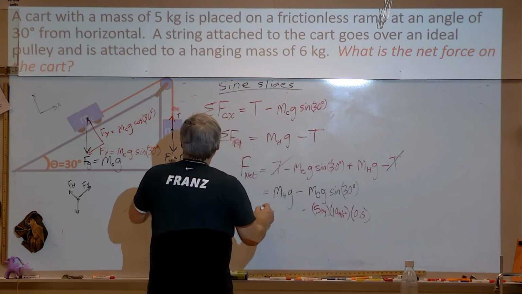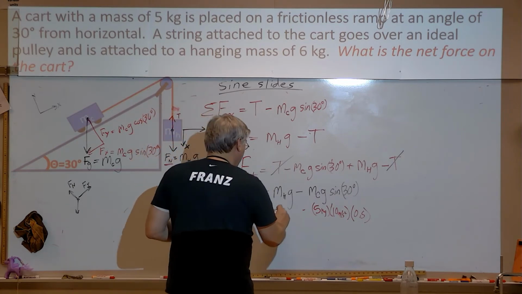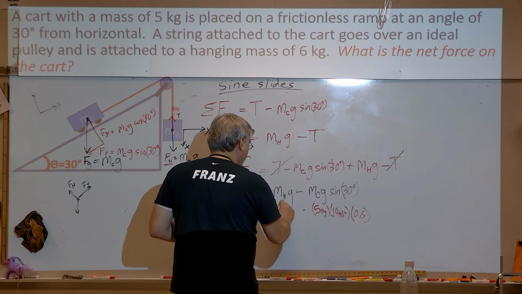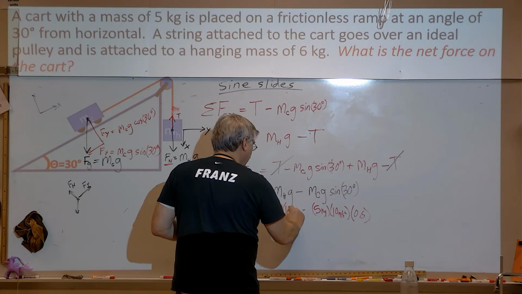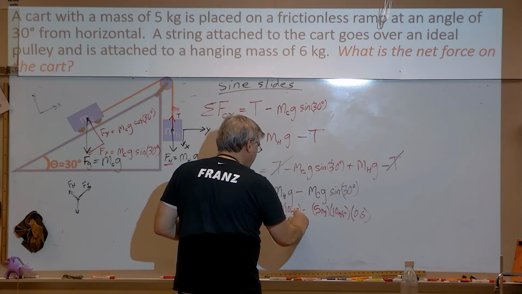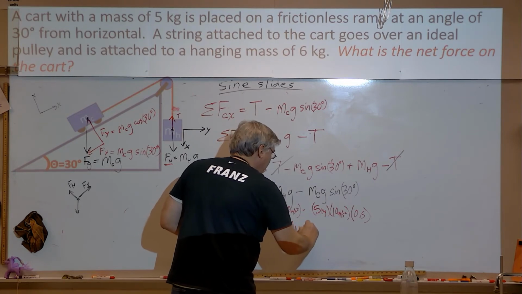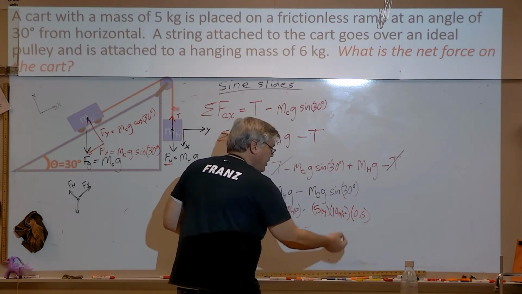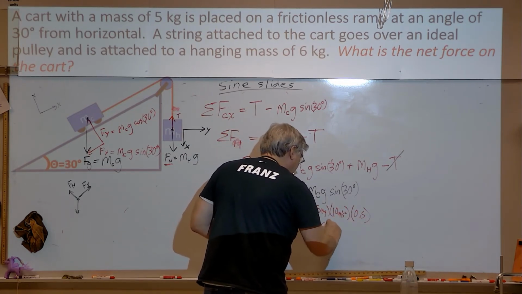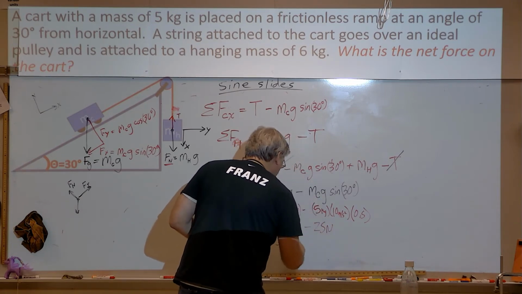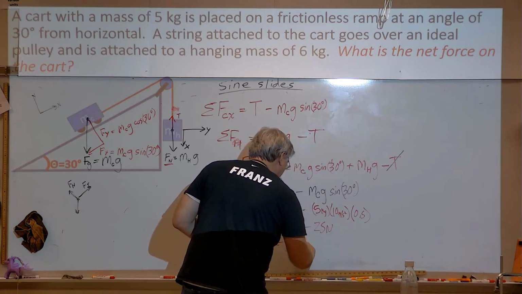And over here, the hanging mass was 6 kilograms, so 6 kilograms times 10 meters per second squared. So what I end up with is 60 newtons minus 5 times 10 is 50 times 0.5 is 25 newtons, and that's going to be equal to 35 newtons.